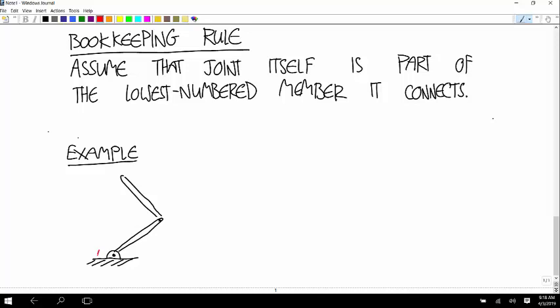Let's call these joints A, B, and C. This angle is 45 degrees, and this is a right angle. I'll call this member 1 and this member 2.